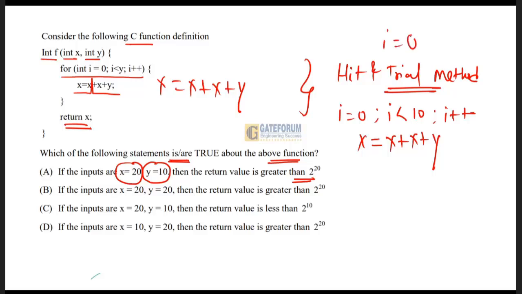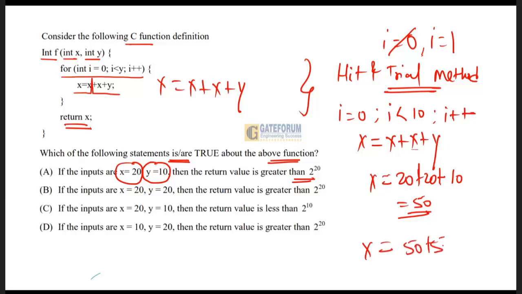Initially i equal to 0, so it will work like x equal to, what is the initial value of x, 20, plus 20 plus y, that is 10. So it is 50 now. The value of x becomes 50. In the next iteration, when i becomes 1, at that time x is equal to x plus y, that is 50 plus 50 plus 50, that is 150, and keep going on.